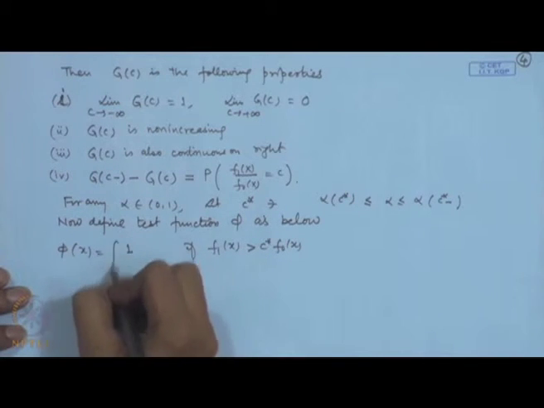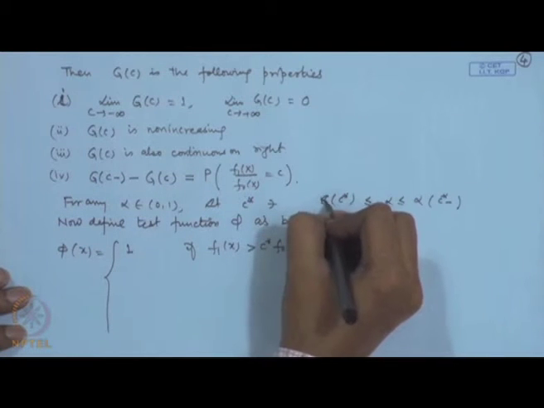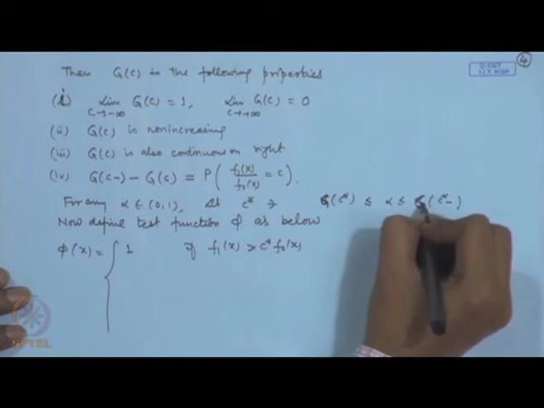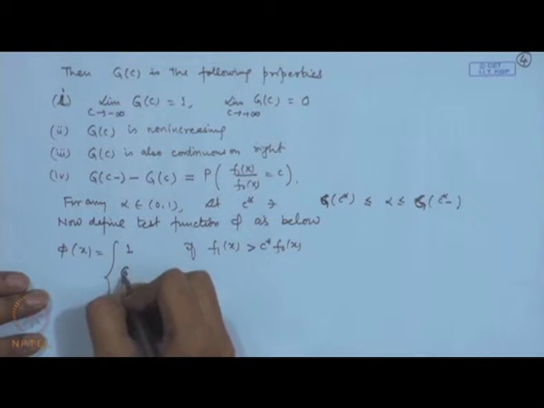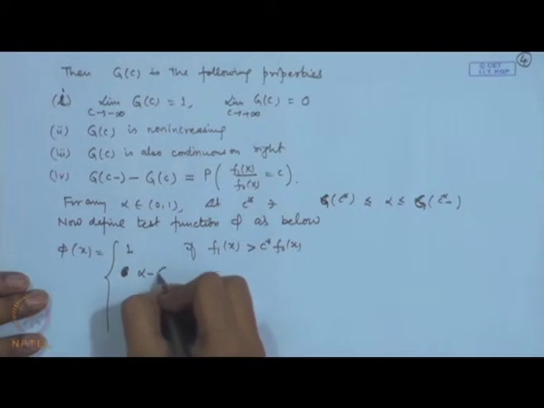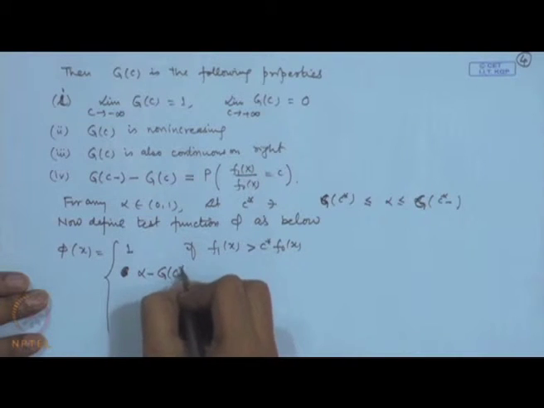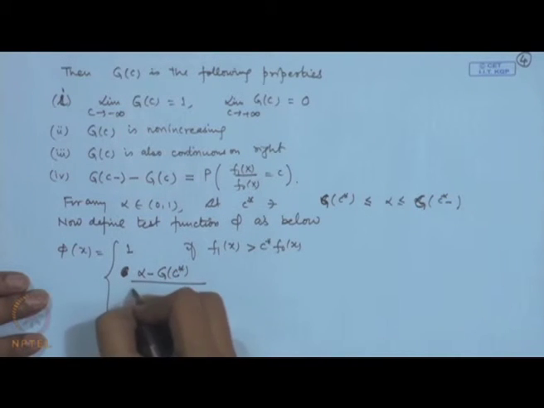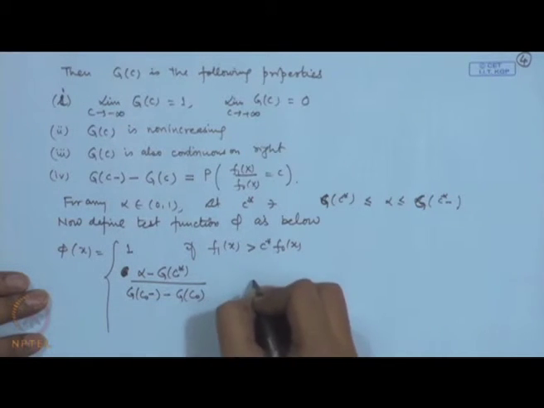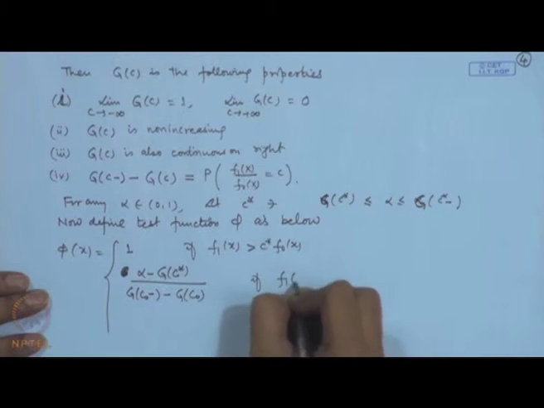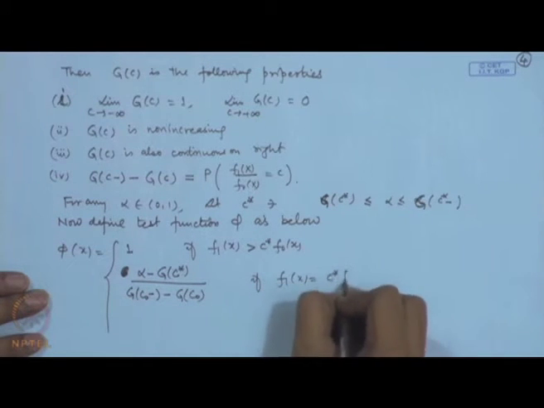It is equal to, sorry, this is G(c) here, alpha minus G(c star) divided by G(c star minus) minus G(c star), if f1 is equal to c star f naught(x).